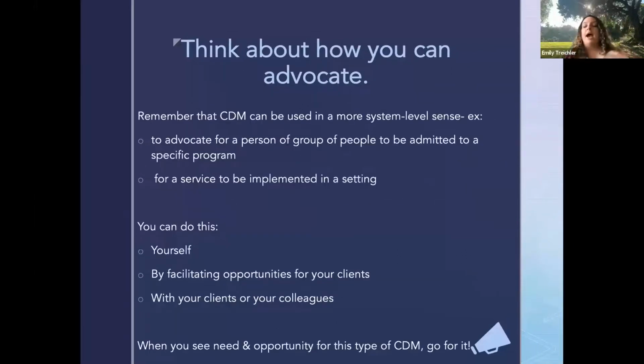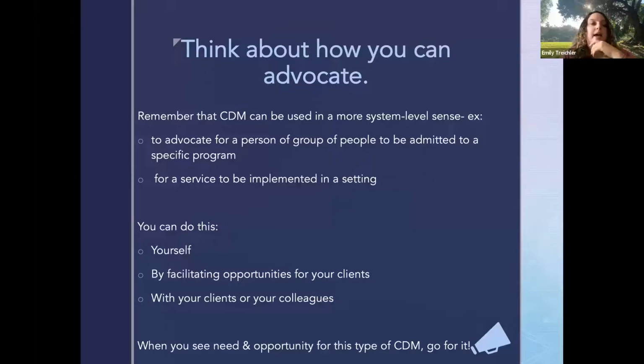Okay. And then the other more advanced skill is to think about how you can advocate. So remember that collaborative decision-making can be used on this bigger level: clinic level, system level, rather than just you and your client. So let me give you an example about how that might look.